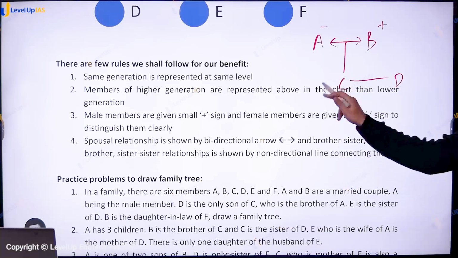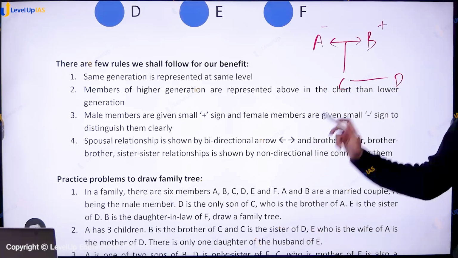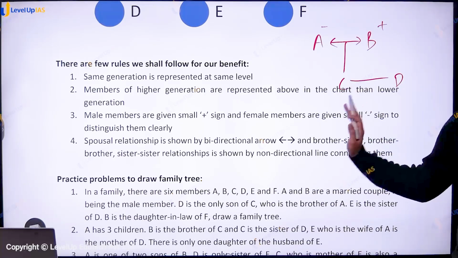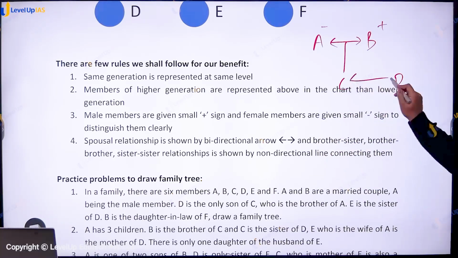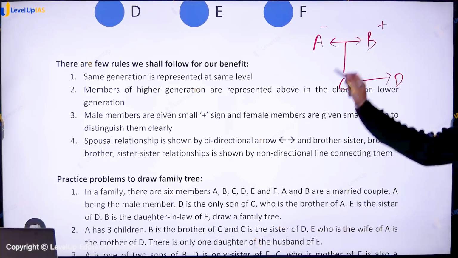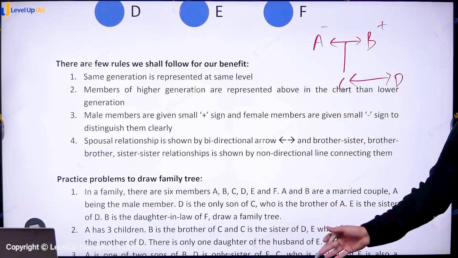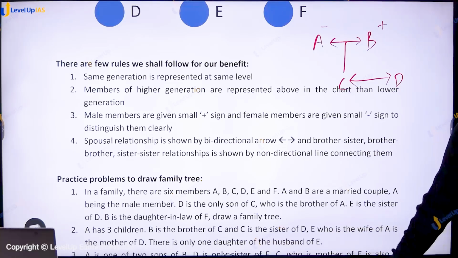These are at one level, meaning they are siblings. Because there is no bidirectional arrow, it means they are not husband and wife, they are siblings. If it was a bidirectional arrow, it means that C is their son or daughter and D is the spouse of that son or daughter.